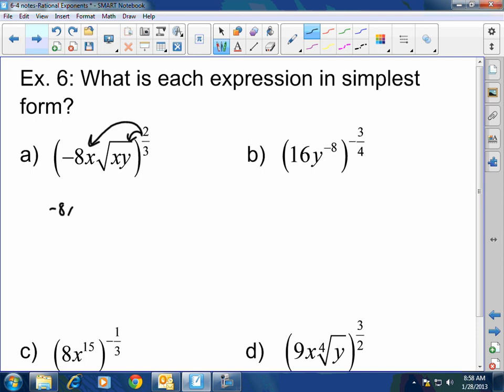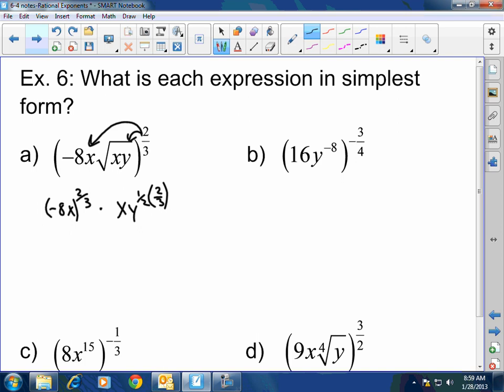So I've got negative 8x to the 2/3 times the square root of, actually let's make this square root of half already, xy to the half times 2/3. Because remember that square root is the same thing as a rational exponent of 1/2.